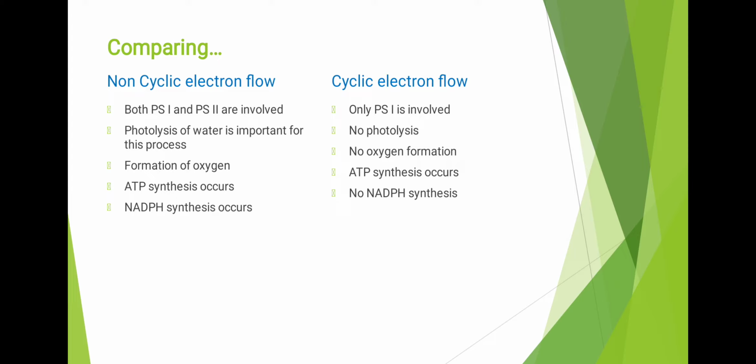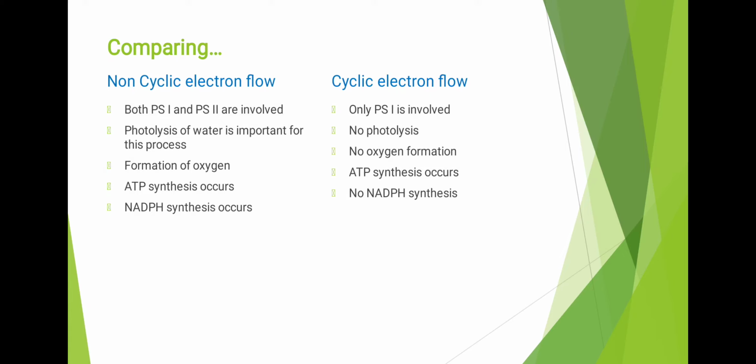The only difference which I forgot to mention is that ATP production is more in cyclic electron flow. While I teach you the chemiosmotic hypothesis of ATP synthesis in our next class, at that time I will tell you the difference in the number of ATP produced. And then there is NADPH synthesis occurring over here, while there is no NADPH synthesis in the cyclic electron flow.